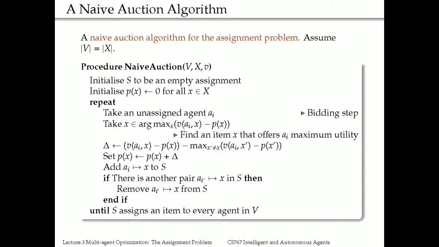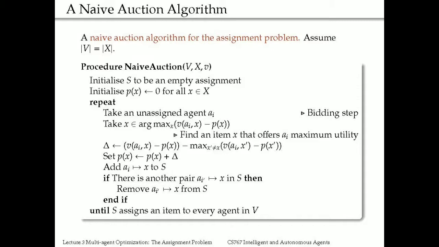You take an unassigned agent, an agent who is currently not holding any item in the auction, and the agent needs to decide whether to send out another bid, and if so, which item to bid on and how much.